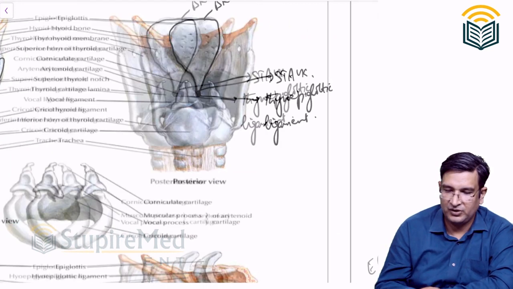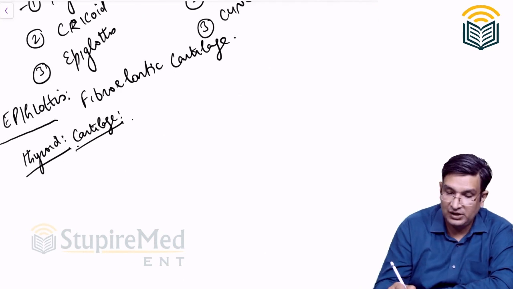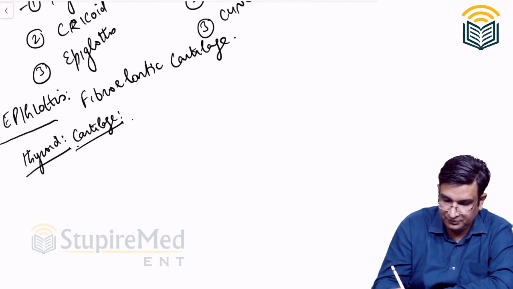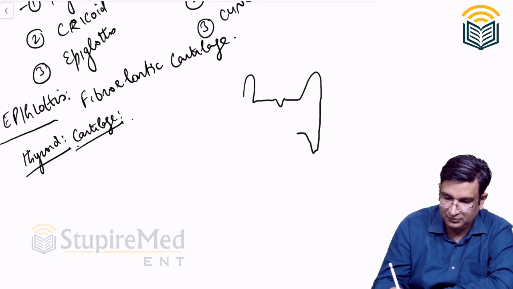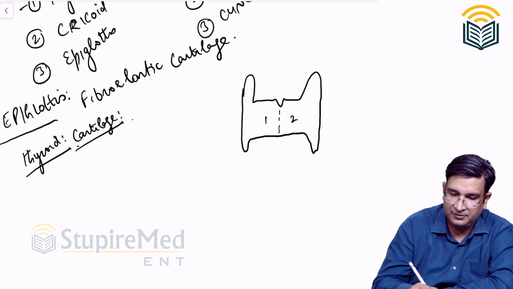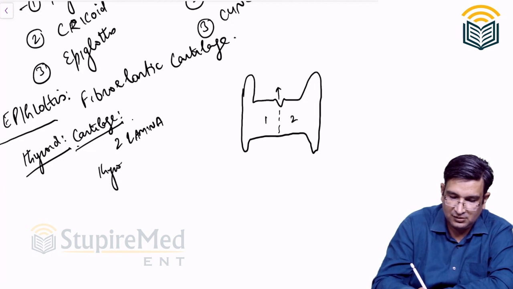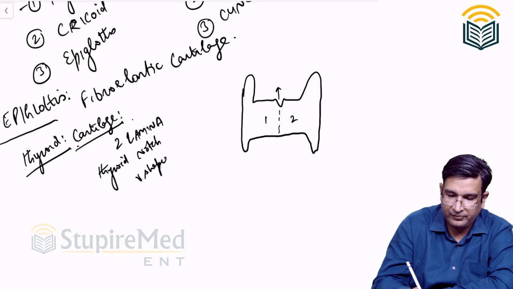So the thyroid cartilage is made up of two laminas which meet in the midline and form this thyroid notch, which is V-shaped.